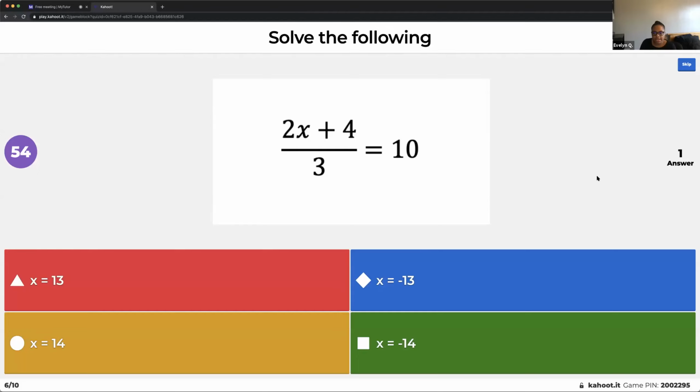So have a look at that image and try and figure out what x is going to be. So what answer do you think the answer should be, guys?